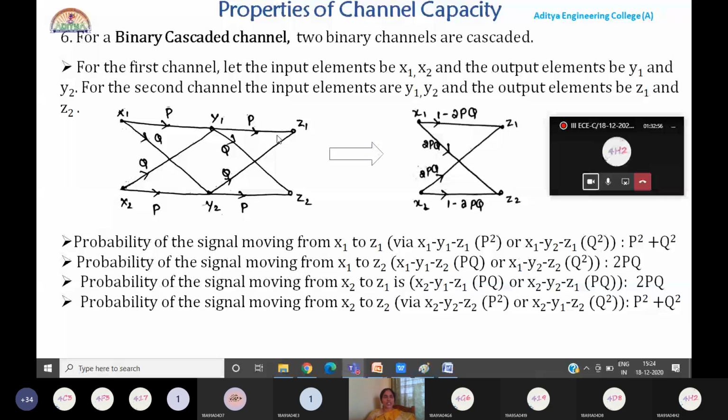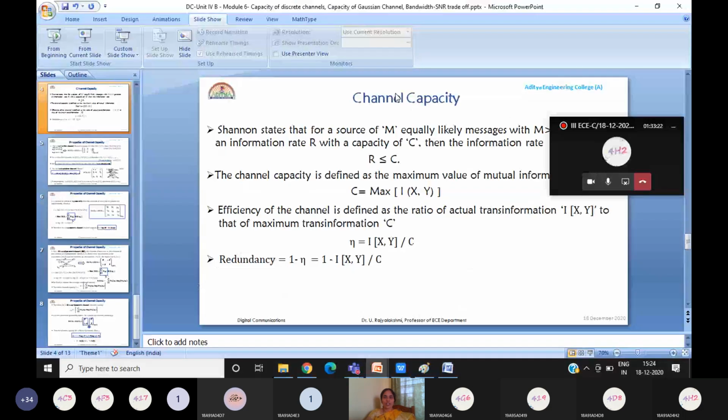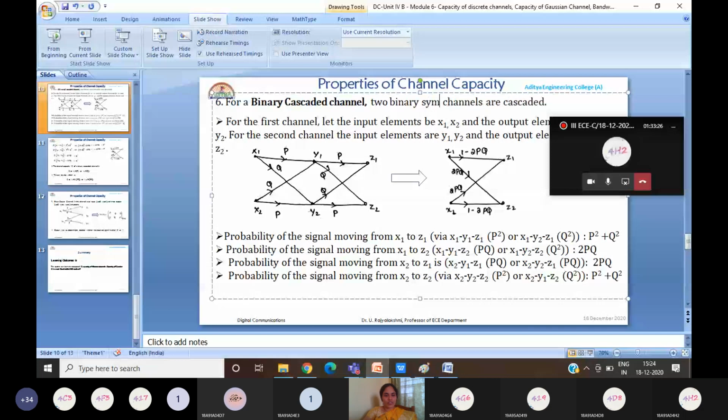But here it is a binary cascaded channel, so two channels are cascaded. Which channels are cascaded? Binary channels. Two binary symmetric channels are cascaded here. So you can write it here: in a binary cascaded channel, two binary symmetric channels are cascaded.